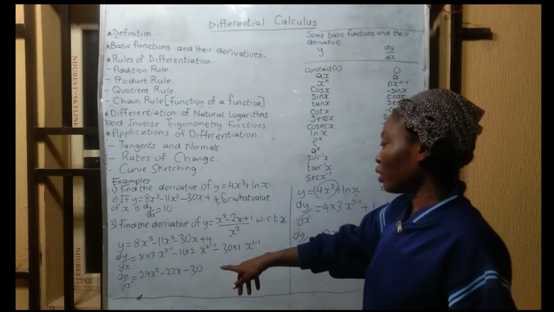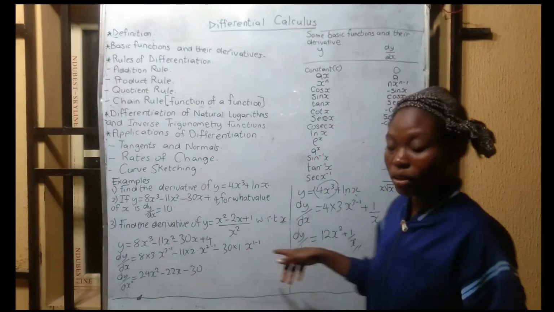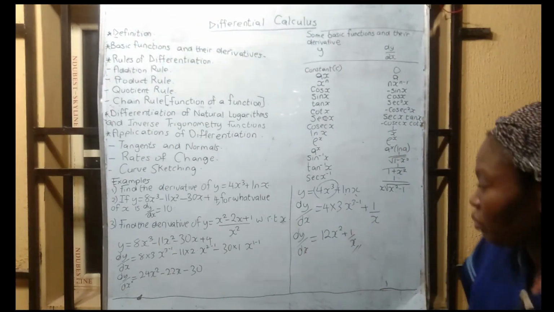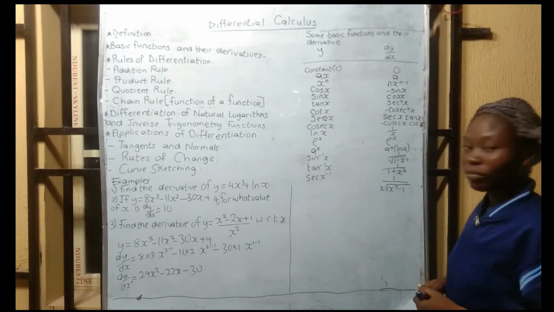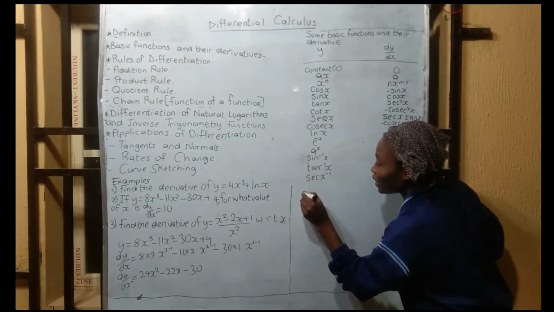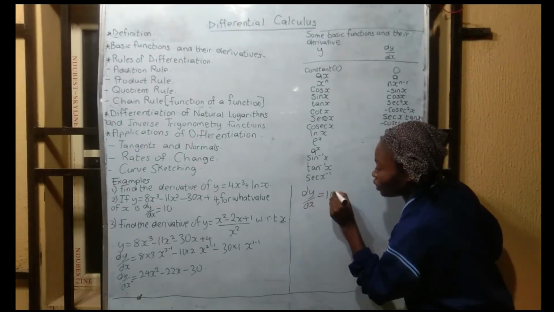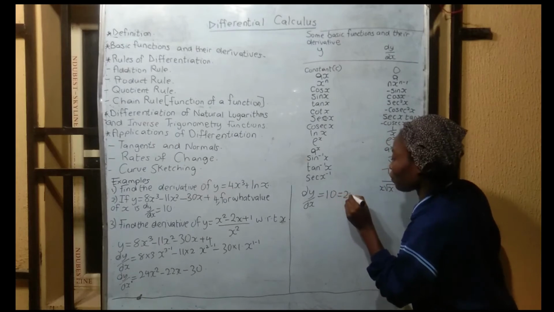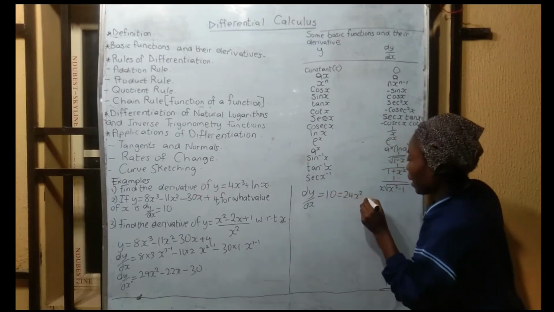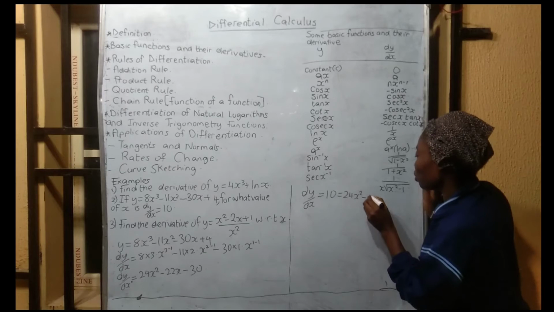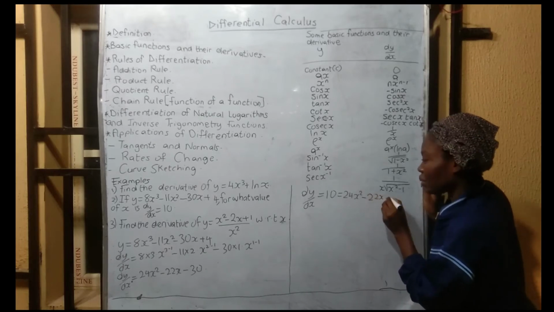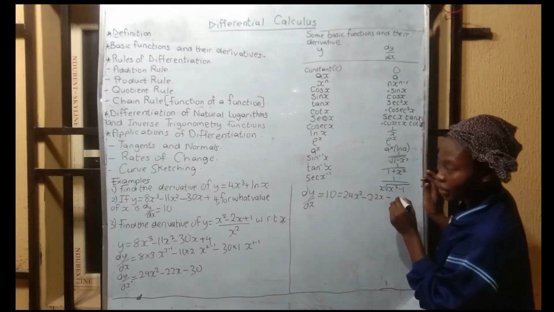So that means we have to go further in this particular question. So dy/dx, which equals 10, equals 24x squared minus 22x minus 30.